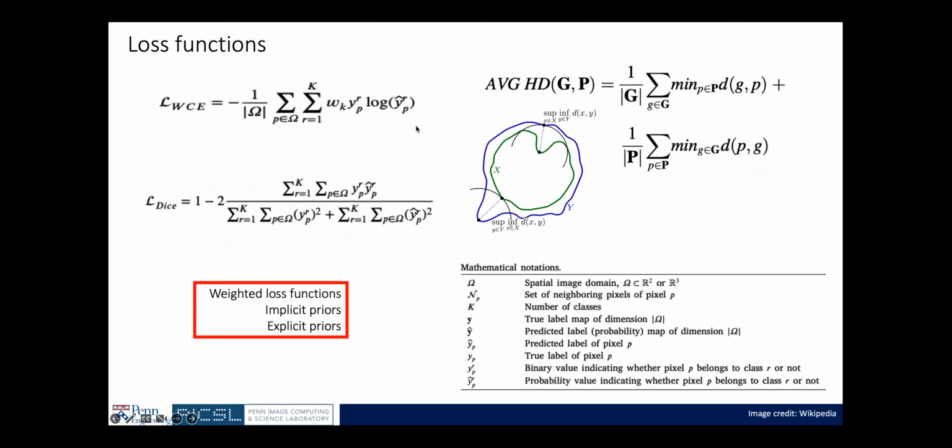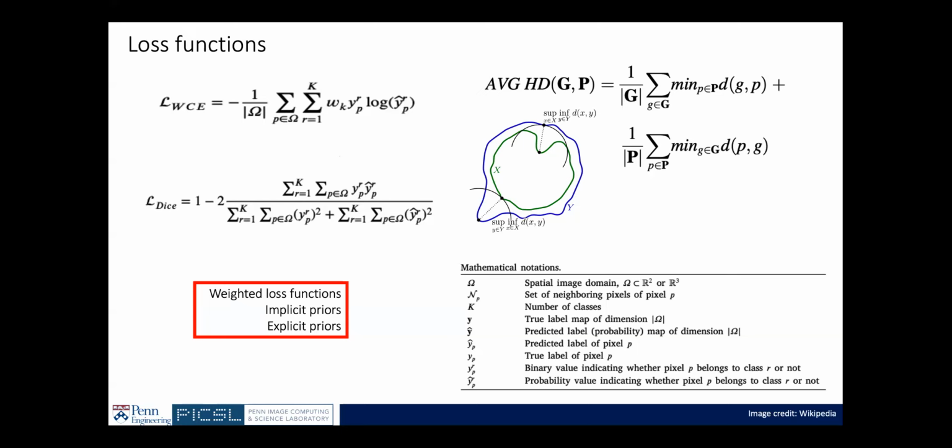So cross entropy you already know from previous lectures, and the same with dice loss, which is nothing but intersection over union. Again, the loss is computed between your predictions and your actual ground truth. So cross entropy and dice are volumetric losses. And then you have something called a Hausdorff loss, which tries to compute the distance between the surfaces of your predictions and your ground truth segmentations, right?